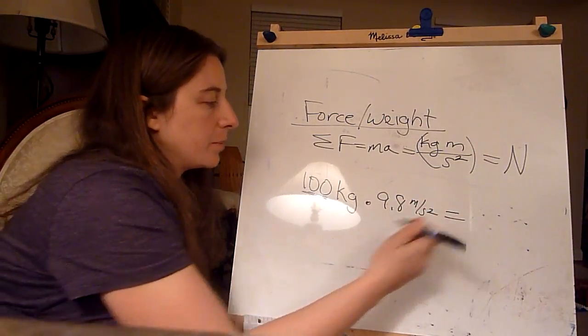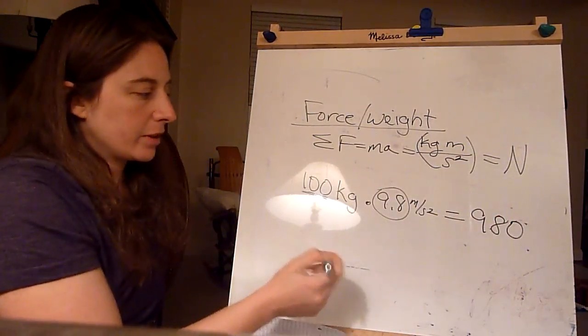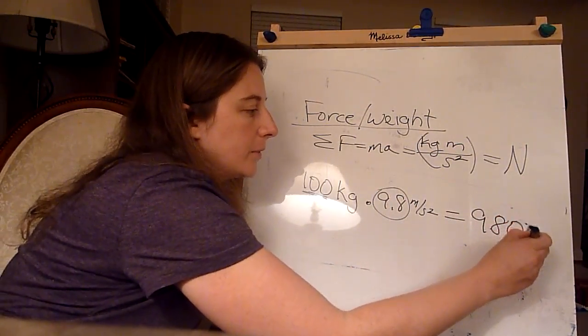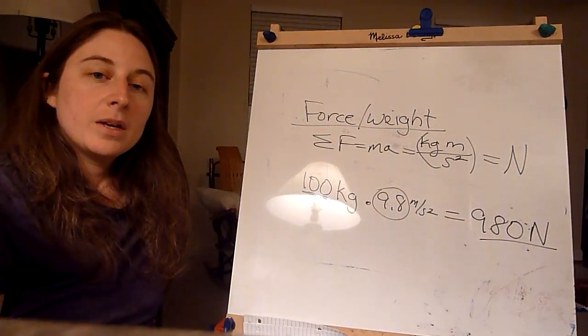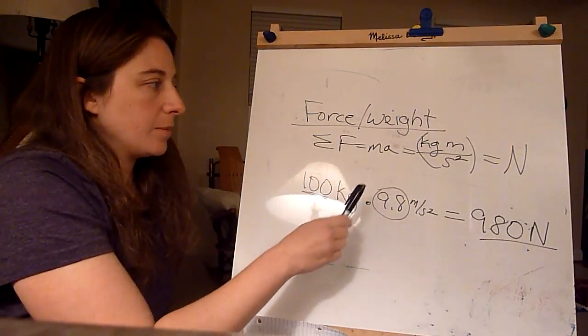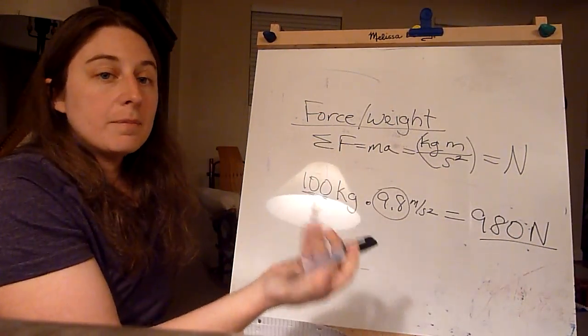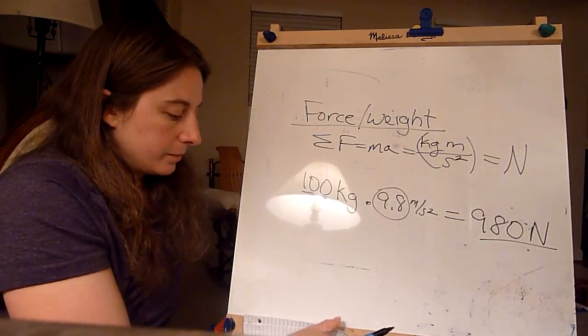So 100 times 9.8, 980, we can only keep two significant figures, newtons. So you have to make sure that anytime you need to use force or weight, you're in newtons. Anytime you need to use mass, you would be in kilograms or grams, or something like that.